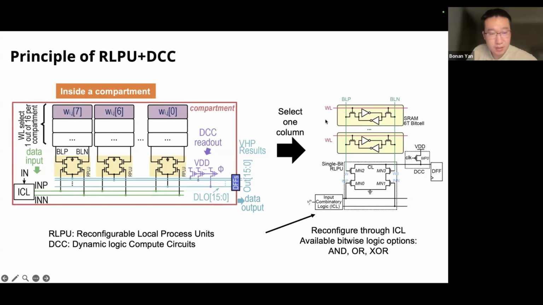These are the SRAM-based cells, where each row holds one bit in each column. We add an in-array four-transistor circuit called the RLPU to do the computation. After the computation, we have another pull-up transistor here as an ADC, basically a sense amplifier to read out the computation result. The computation only does one bit, so it only does a one-bit logic operation.